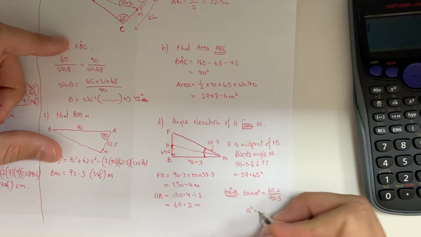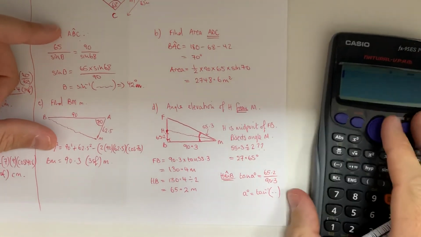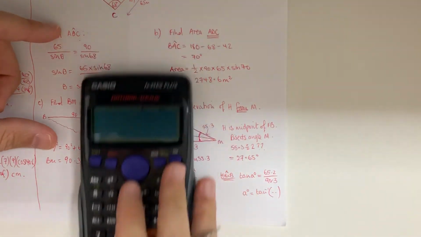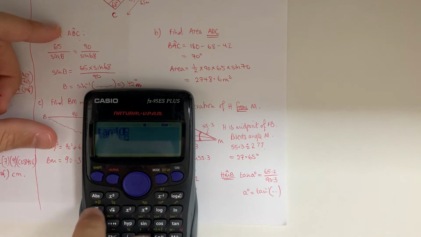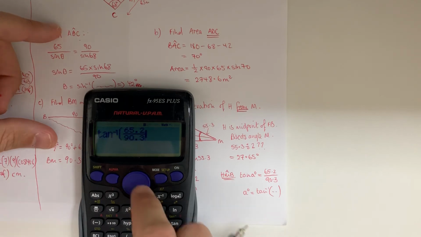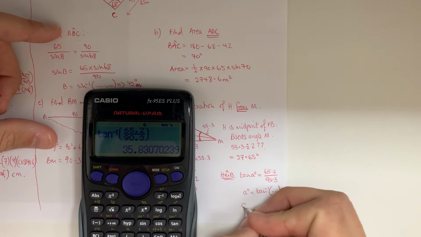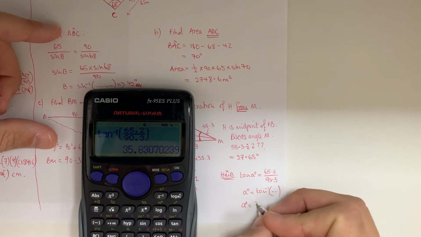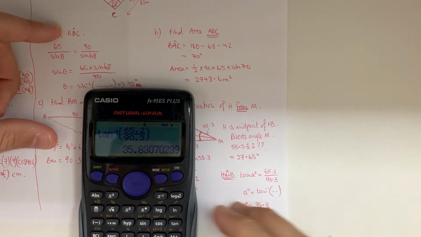So A is equal to inverse tan of all of that. Inverse tan of 65.2 over 90.3. And it gives me a different answer. Interesting, 35.8 degrees.